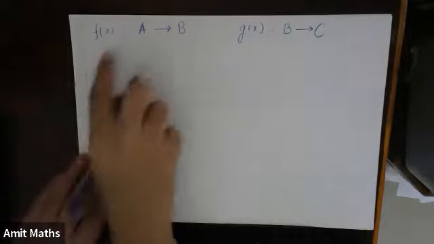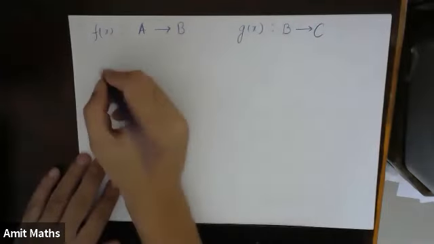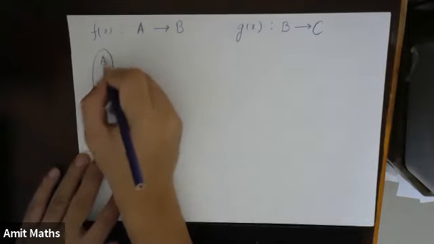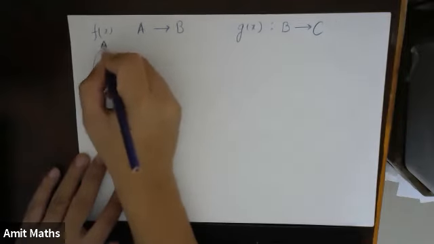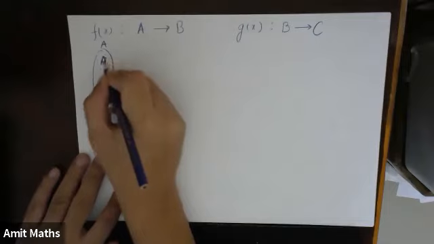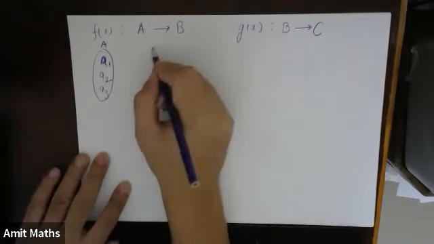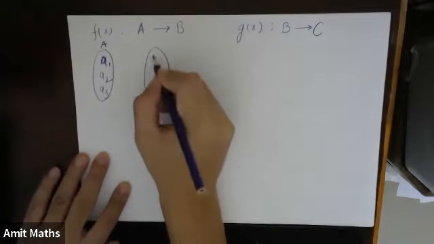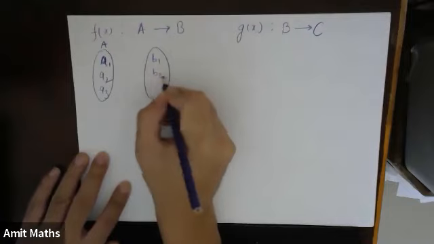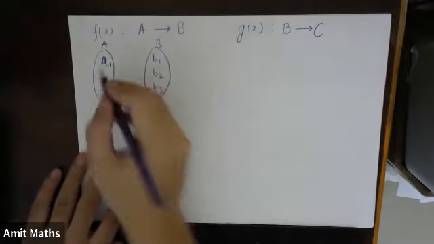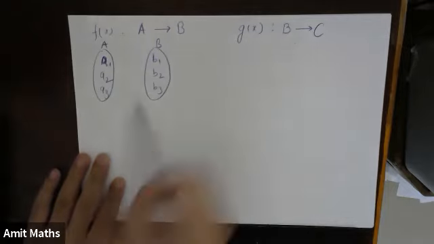For example, let's take a random example. For f of x, A is a set A1, A2, A3, and it is moving on to set B1, B2, and B3. Let's map this first.